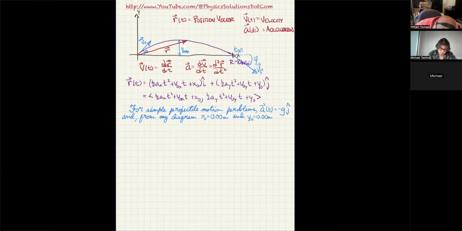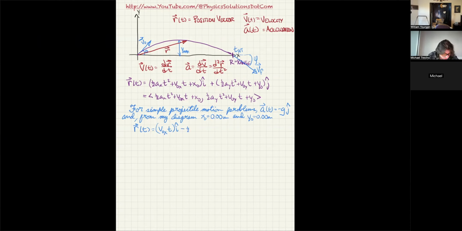So I can now say r of t is actually equal to v0x times t i hat plus negative, or I should say minus. No, I'll do it this way.